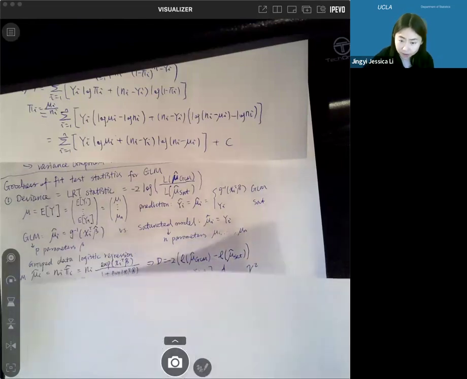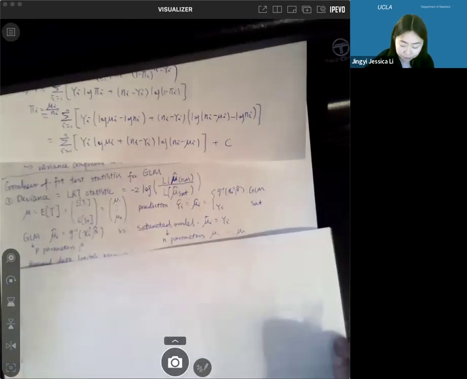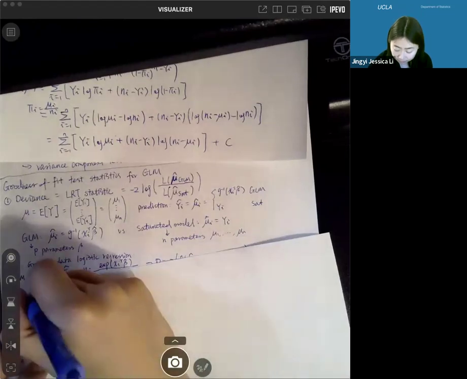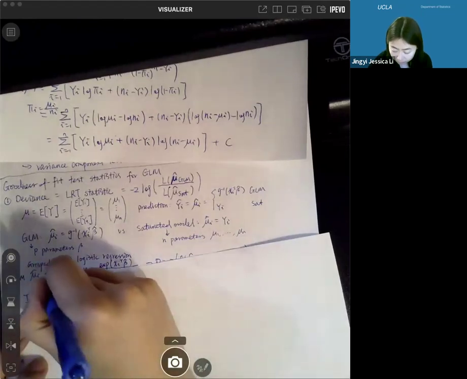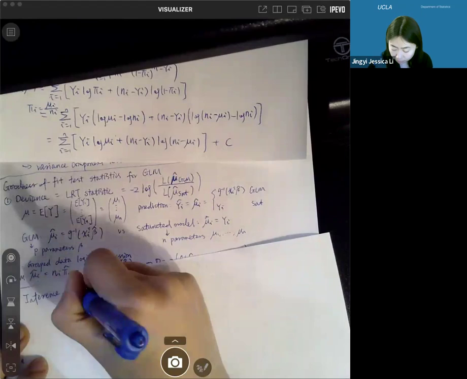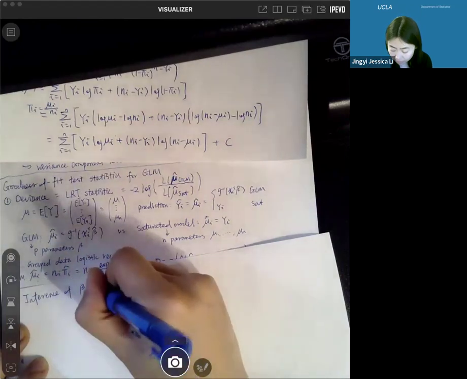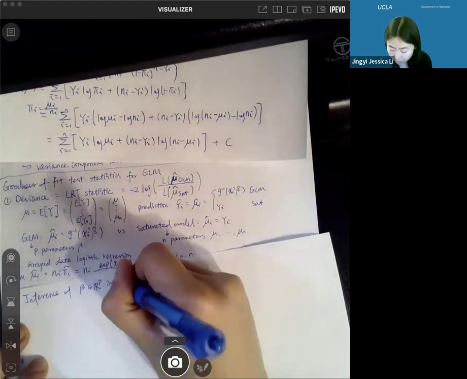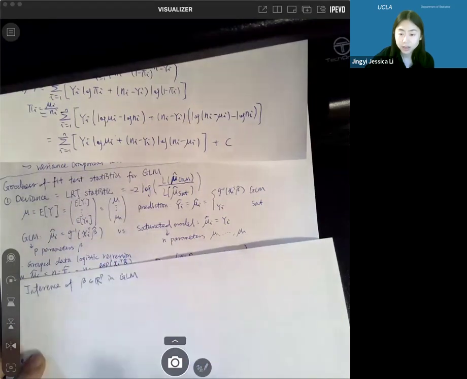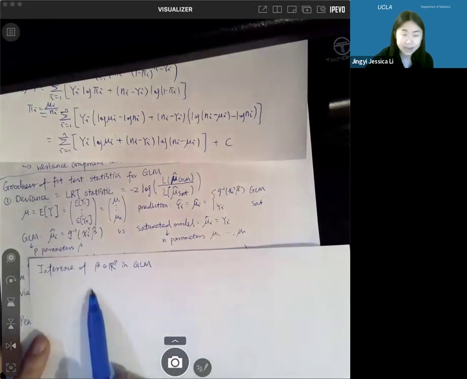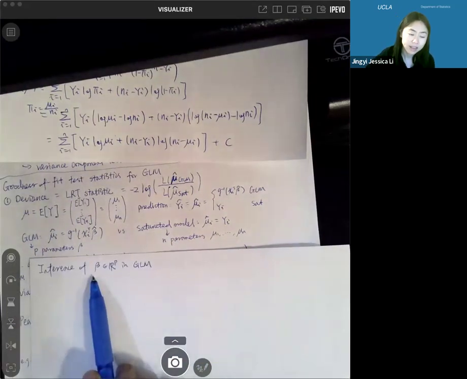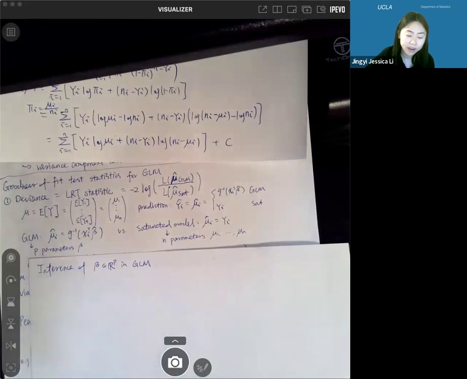But when we talk about inference of beta in GLM, we try to know whether beta is 0 or not. Then the model we compare the GLM against is the null model, where beta is 0. So we do have different targets, different comparisons.